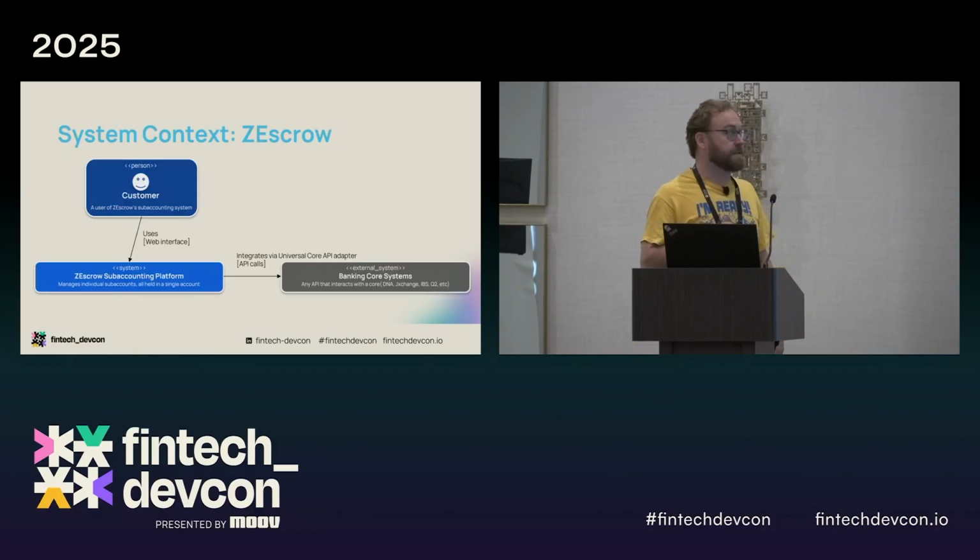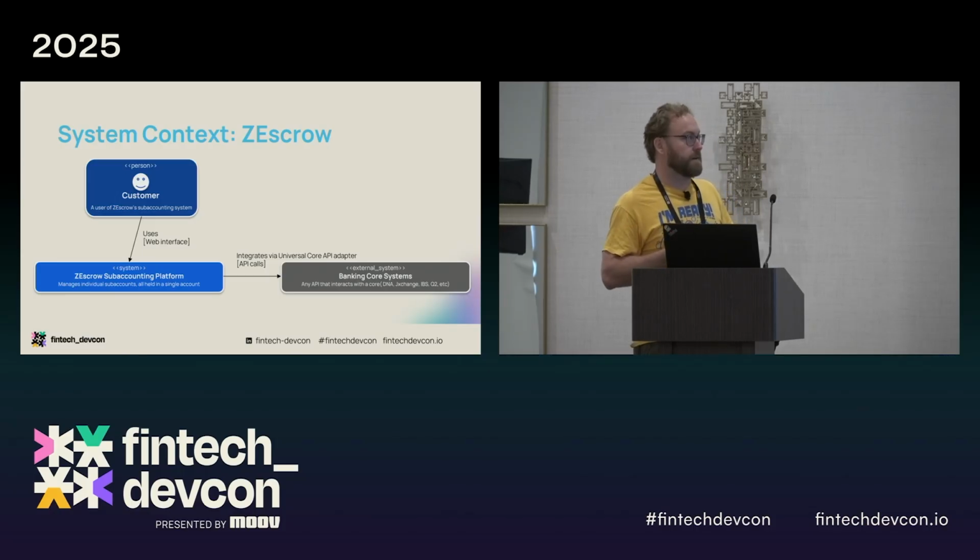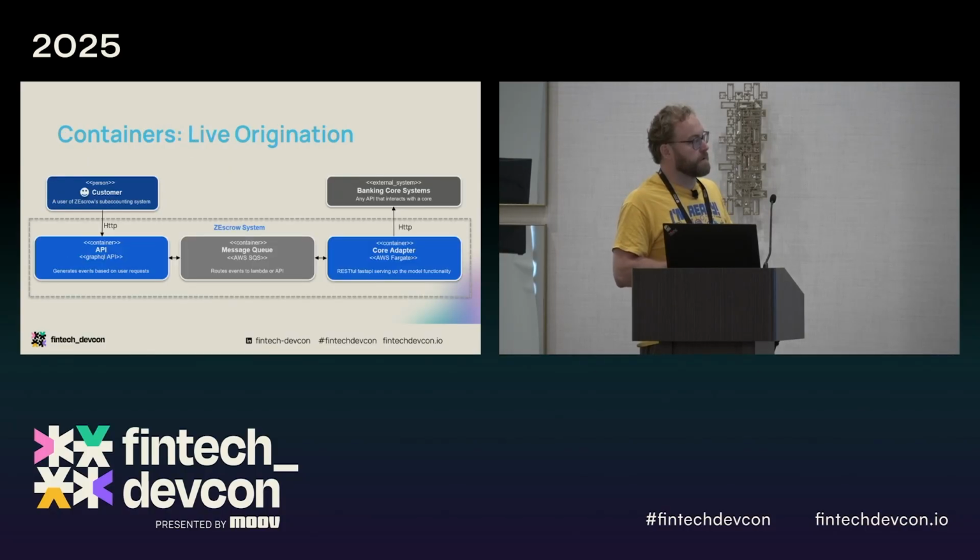Here's the same C4 diagram of the system. You'll note the one difference is that instead of SFTP, we're making API calls, right? Under the hood, the container that was a series of lambdas is now this core adapter.